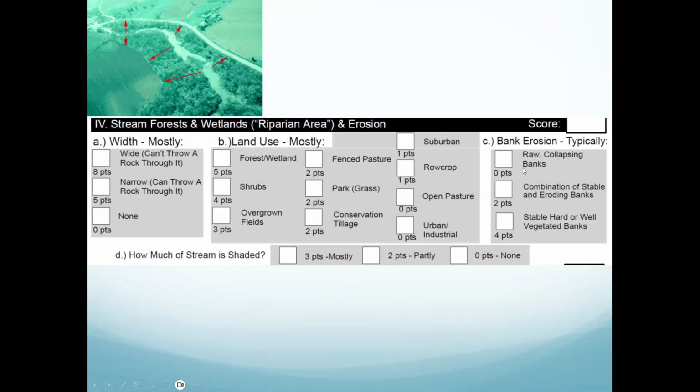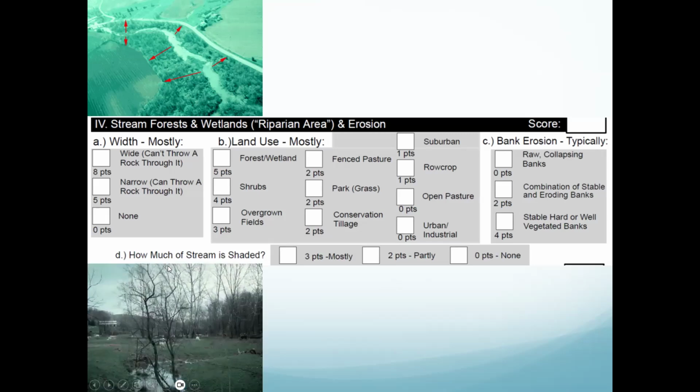And then bank erosion, do you have raw banks with no vegetation and they're collapsing, or are they stable and well vegetated, or kind of a combination of both? Some erosion is natural, but when we get, you know, higher amounts of erosion, then it tells us that the stream is not stable and is, you know, being negatively affected by the amount of water coming through.